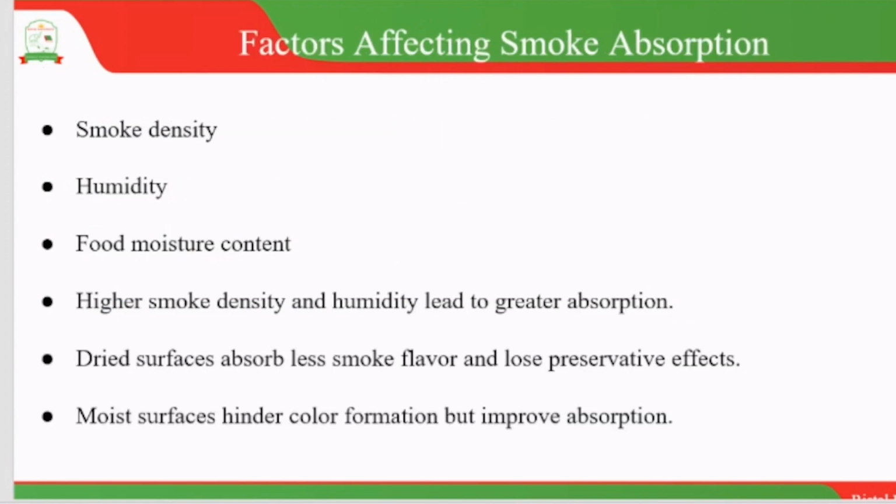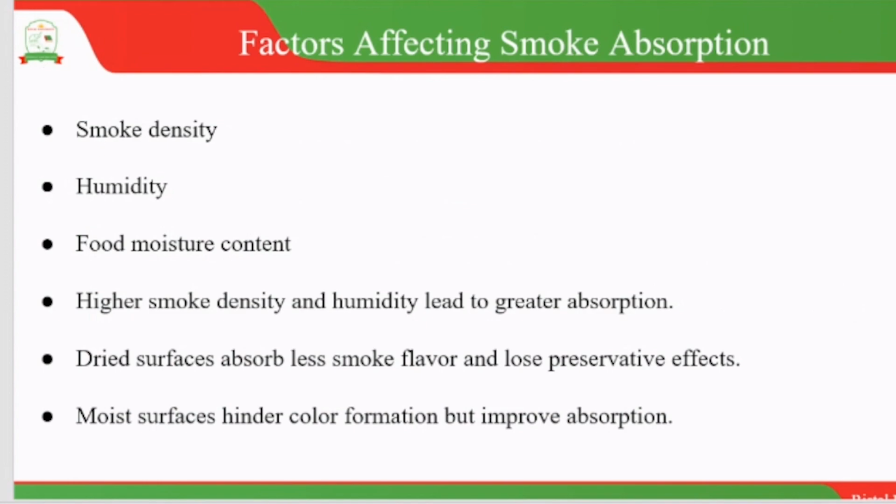What are the factors that affect smoke absorption? These are factors that prevent or increase the amount of smoke that the food is going to be able to take in. We have the smoke density, the humidity, and the moisture content of that particular food. Higher smoke density and humidity lead to greater absorption of the smoke.